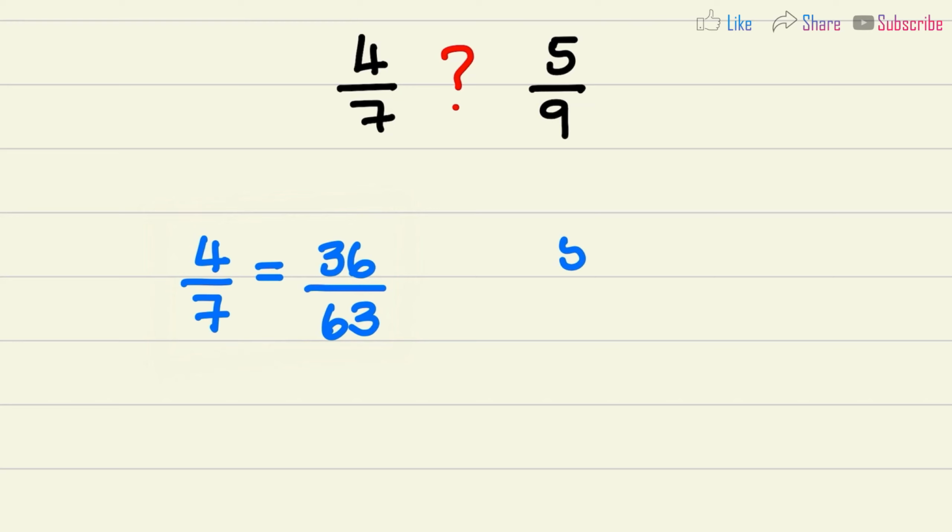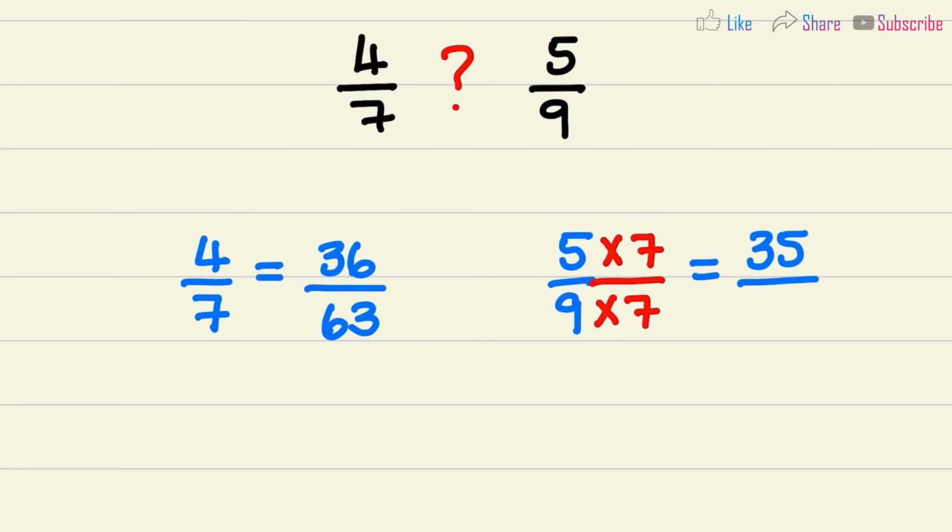Now, let's look at 5/9. To find the same denominator, I'll multiply 9 with 7, and I do the same calculation in the numerator. So 5 times 7 is 35, and 9 times 7 is 63.